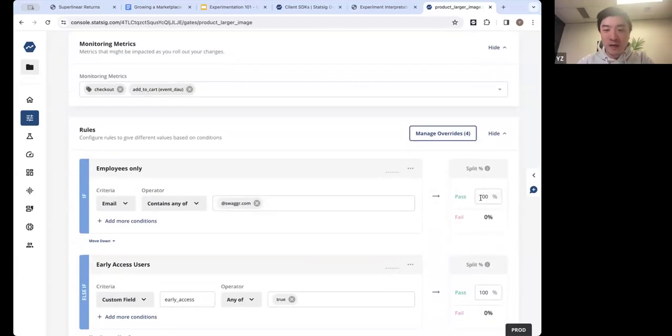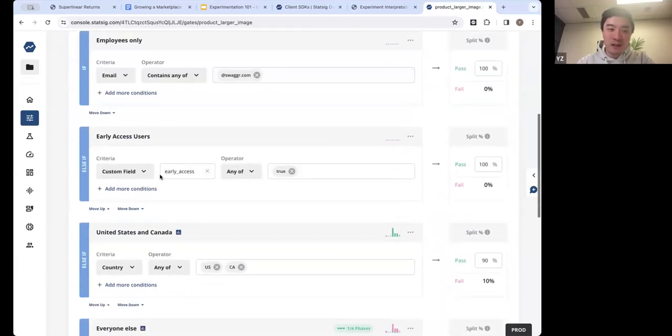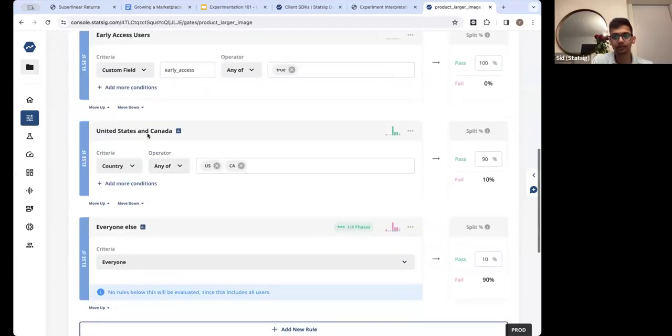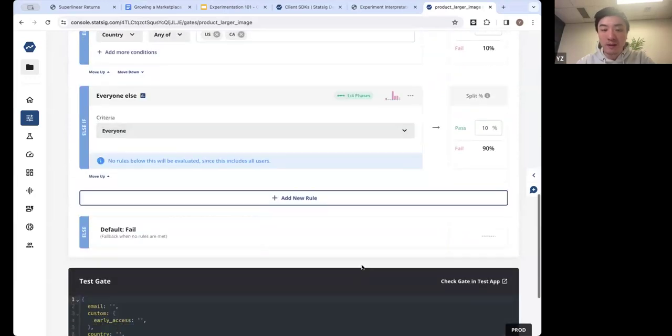For example, 100% of employees. So this is our company email. If our company email is this, it means you are an employee, you pass 100%. If you are an early access user, you pass 100%. If you are in the United States or Canada, you pass 90%. So only 90% of these people see it, and everyone else passes 10%.